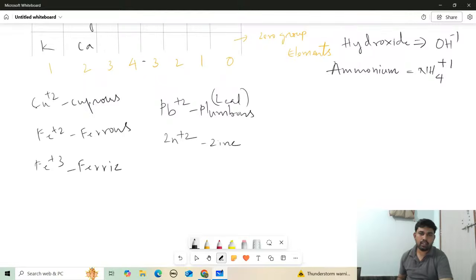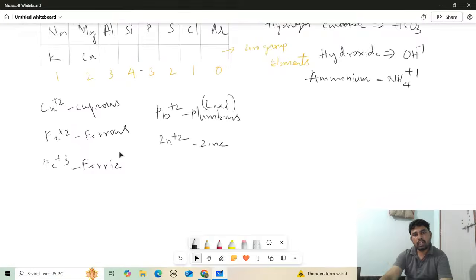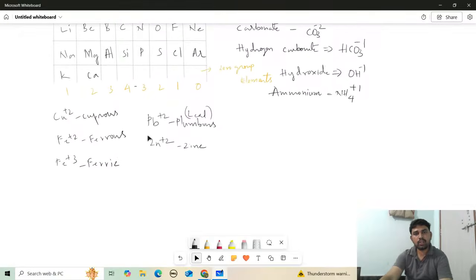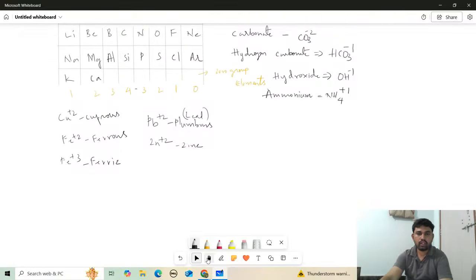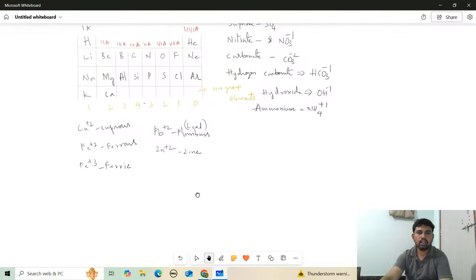These are the minimum things required to write any formula as far as class 10 CBSE chemistry is concerned. Okay, so let me start writing some formulas.